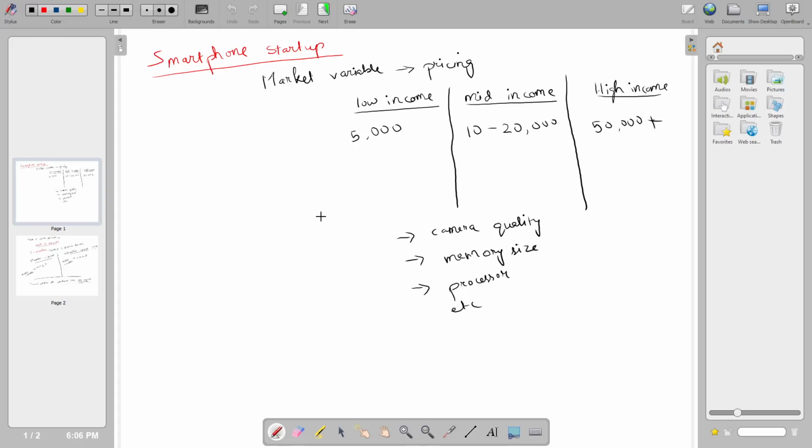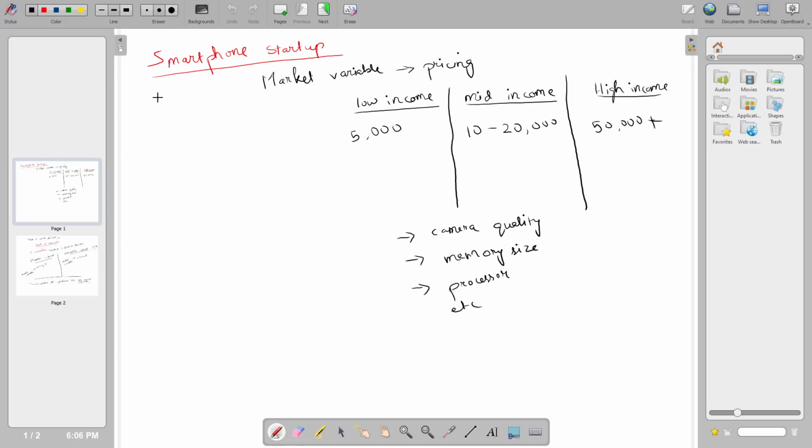In one data set you won't find every market variable. That's a big problem with market segmentation. So market segmentation is dividing the market based on market variables, which can be pricing, camera quality, memory size, processor, etc. for a smartphone company.